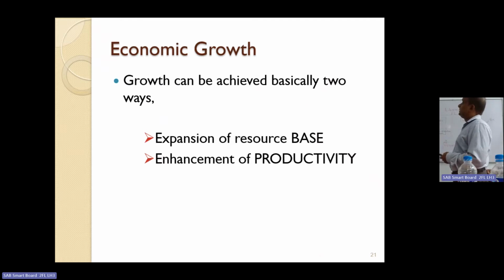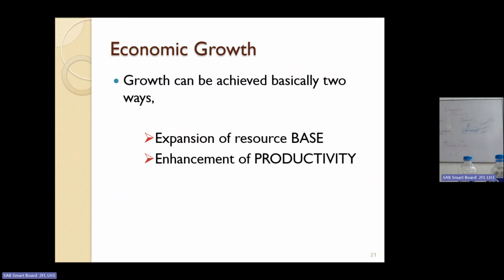You can think about it. Growth can mainly be achieved in two ways. One is the expansion of the resource base. How do we expand the resource base?